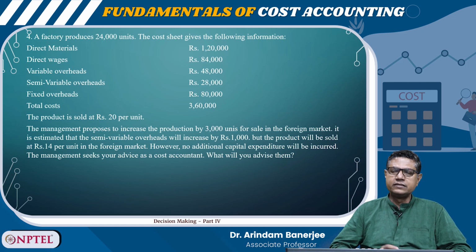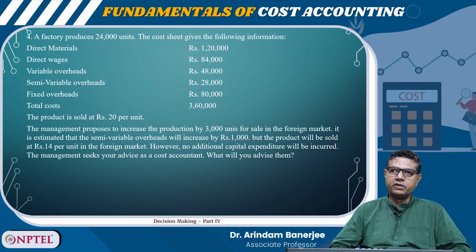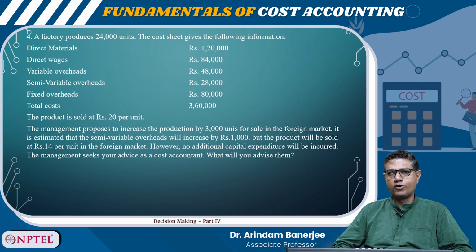Now, these characteristics the companies use for many decision making purposes. Earlier we discussed a few cases where companies received special export orders, and they needed to decide whether the export order should be accepted or not, right.